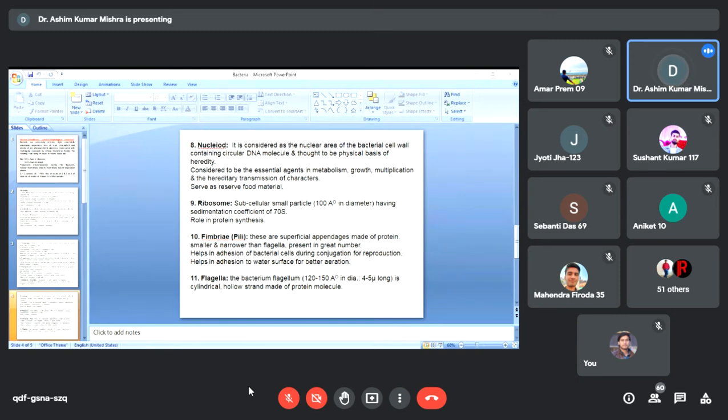It also helps in adhesion to the water surface for better aeration, because mainly these bacteria do not produce enzymes. So when they attack the host plant, they depend on natural openings or wounds to enter. One of the main mechanisms, during the rainy season, is entering through the film of water, with splash rain.